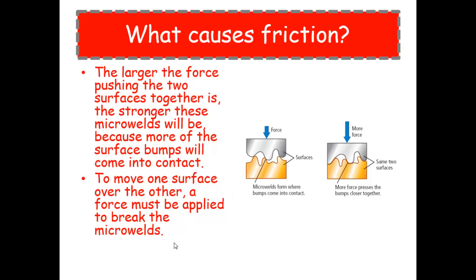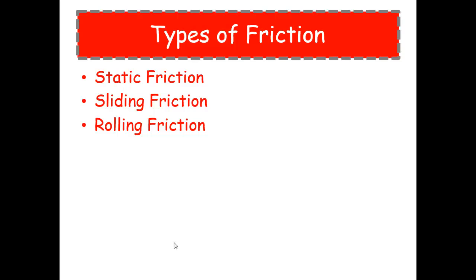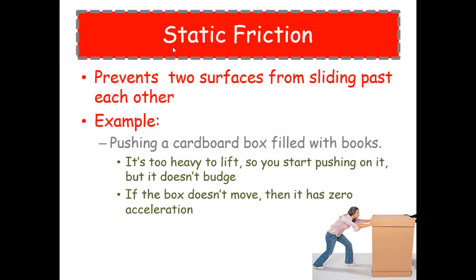There are three main types of friction that we focus on: static friction, sliding friction, and rolling friction. We'll go through each one of these and specify and define it. The first type is static friction. I think of standing still when I think of static, like you're not moving. Static means you're just motionless.